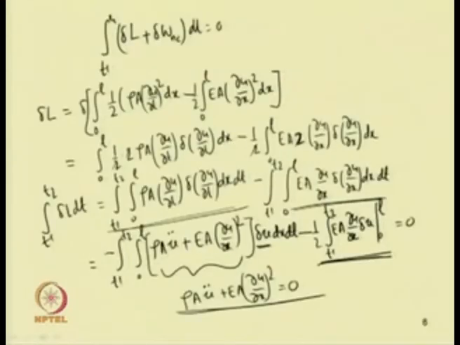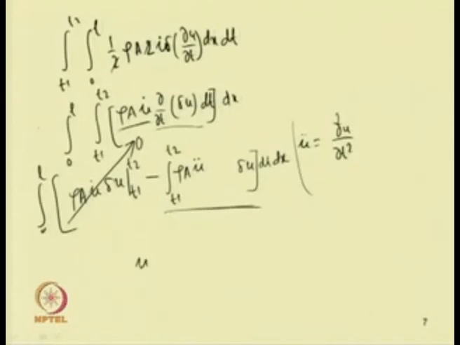So the final equation of motion becomes rho A u double dot plus E A del u by del x whole square equal to 0, or one can write this equation in this form: u double dot plus E A by rho A del u by del x whole square equal to 0.